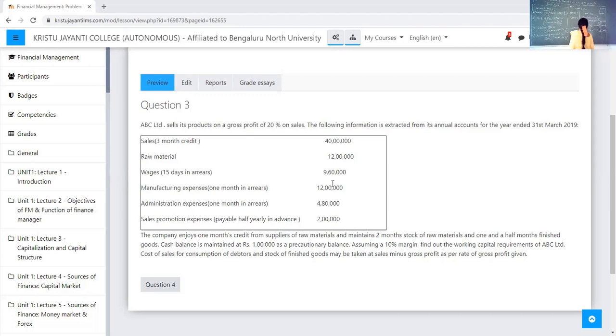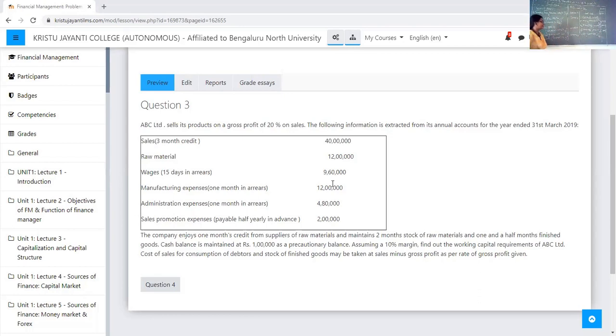Any other current liabilities? Yes, we have sundry creditors in the beginning of the paragraph. The company enjoys 1 month credit from suppliers. Suppliers give you what? Raw material. So what is the cost of raw material? 12 lakhs. So 12 lakhs into the credit duration, 1 month, into 1 divided by 12.